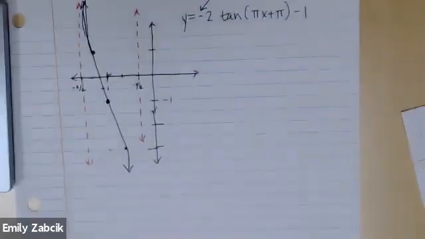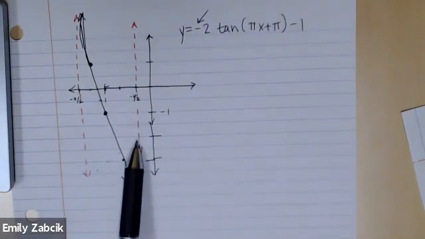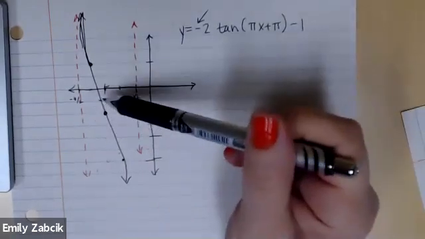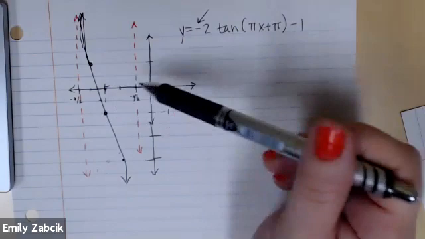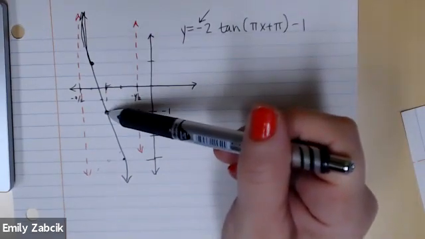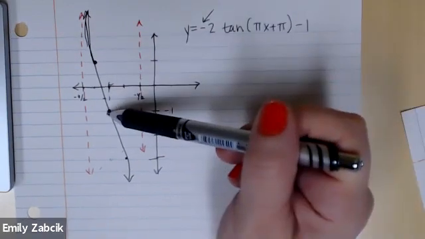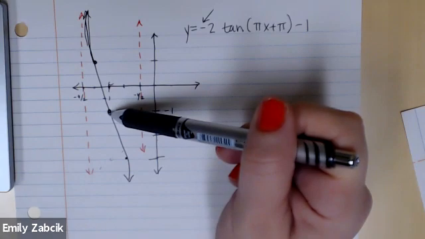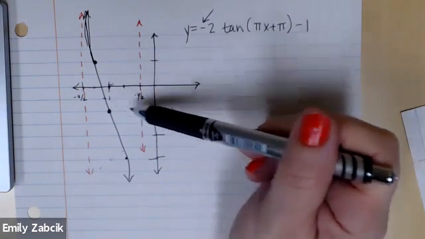So I want to look at the equation and see what's given. I want to figure out my asymptotes. I want to figure out how we went from my origin point, how it moved, and I'm going to do that by my shifts. And so I know that -1 is in the middle. That's the middle of the period. And then I know I had a vertical shift of -1, so that's how I found this point. Then I want to pick a point halfway in between from this point and my asymptote.